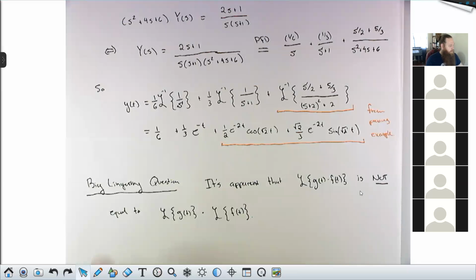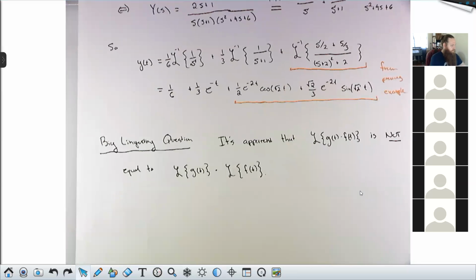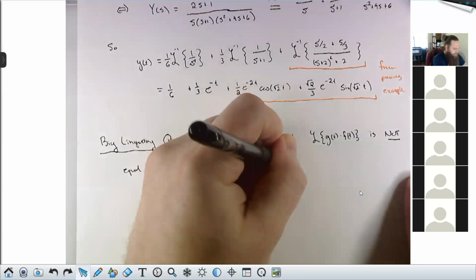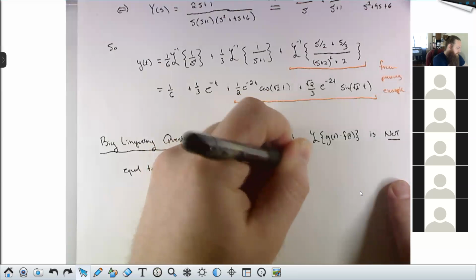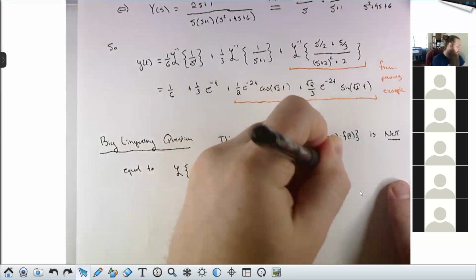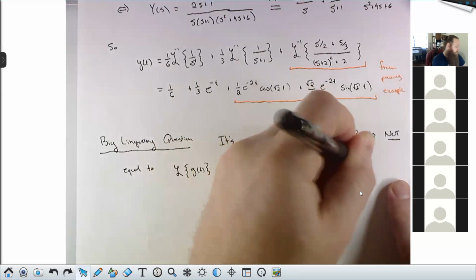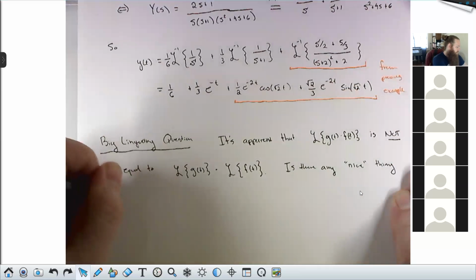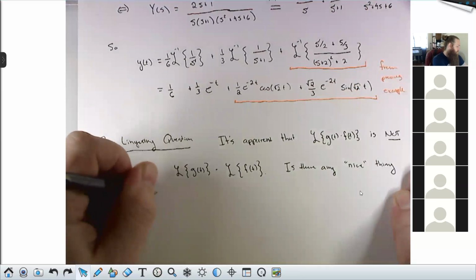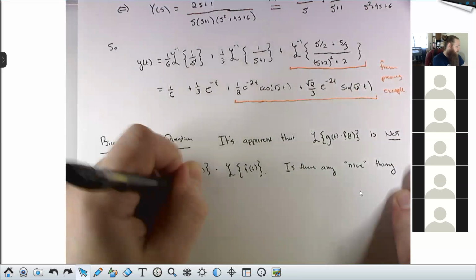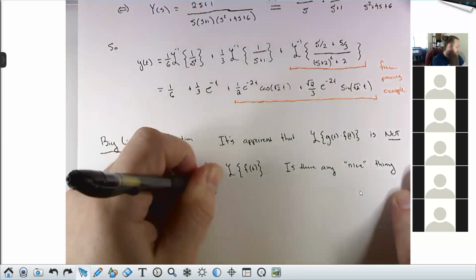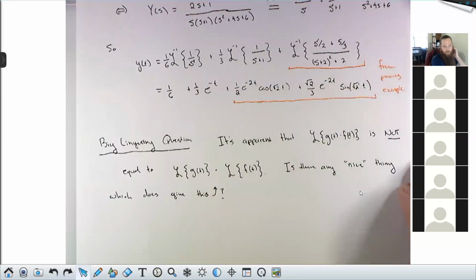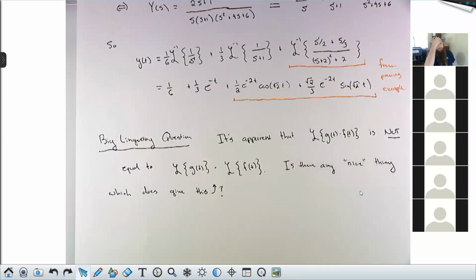All right, so the question here is, is there any nice thing which does give this, the product of the Laplace transforms? And the answer is yes.